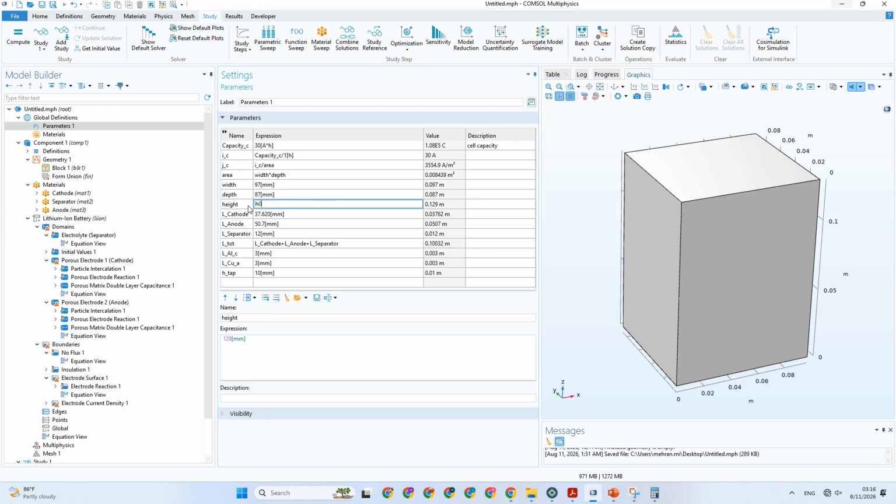H0 plus, we can add it as H tab, okay, in different position. Okay, L cathode, we can cut it from right to left.